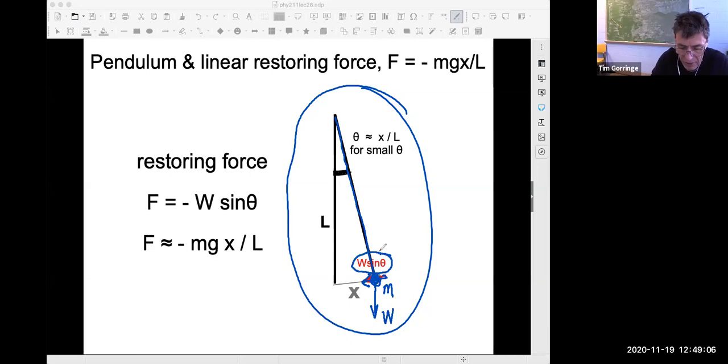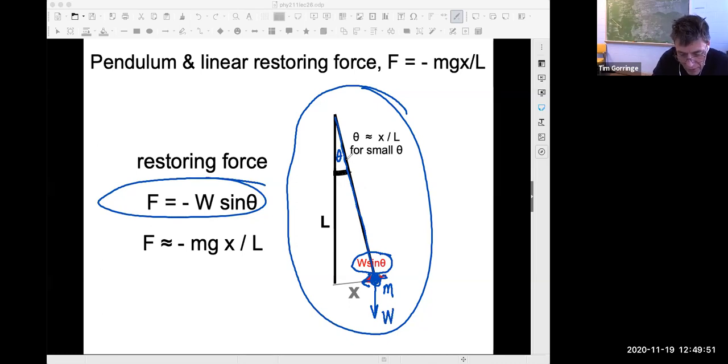It'll be W sine theta, just like an incline, where theta is the angle of the string with respect to the vertical. So there is a restoring force for a mass on a string, just like there was for a mass on a spring. In the mass on the spring, we're more obviously stretching or compressing the spring. In the mass on the string, our restoring force is that portion of gravity that acts in the direction that the mass can swing. And it's W sine theta. Okay, so there's the restoring force.